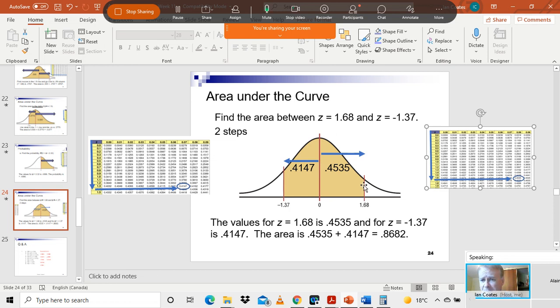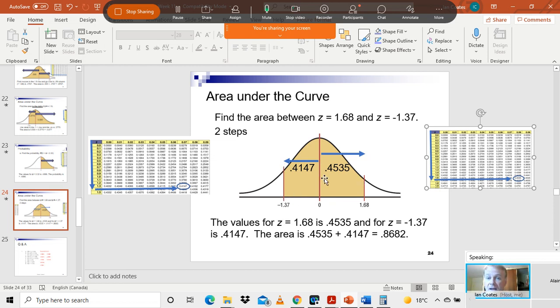It doesn't have to be exact. It's just a representation to help you get the right answer. And we want the area at negative 1.37, on the negative side there. So we want to know the probability of choosing an apple in this area.